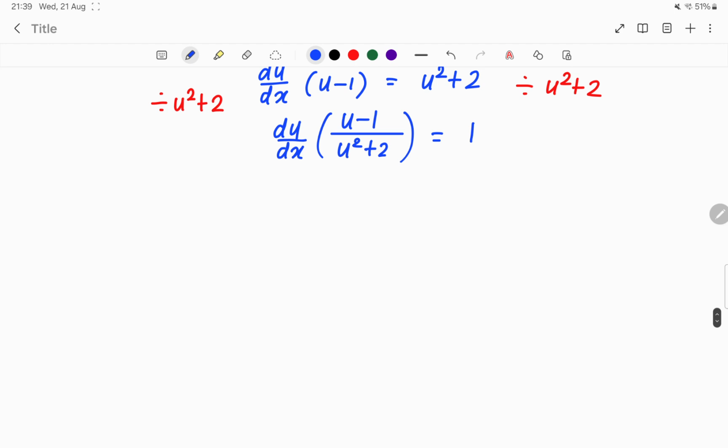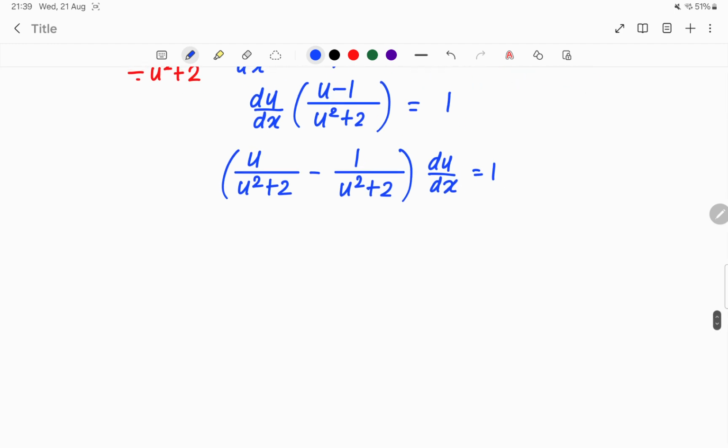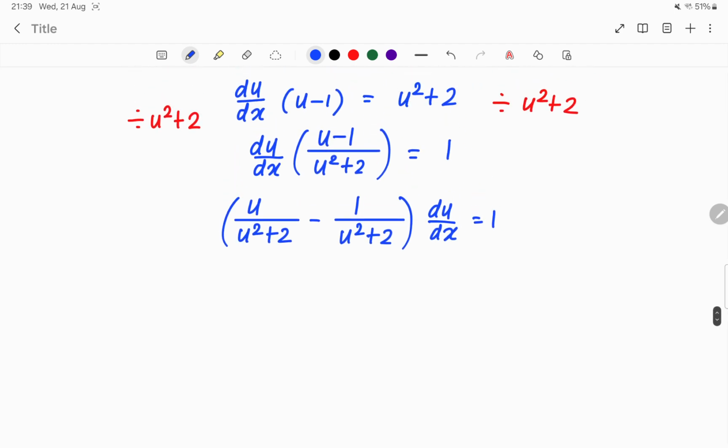Then after that, I'll just split up the fraction. So I'll get u over u squared plus 2 minus 1 over u squared plus 2 du dx. And this is what we're looking for. So proven.